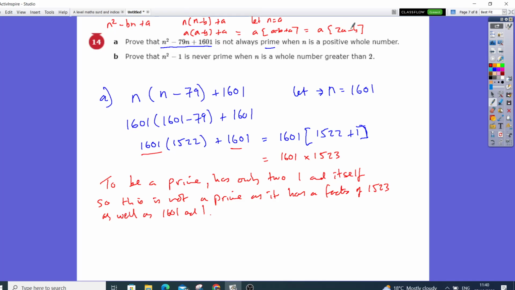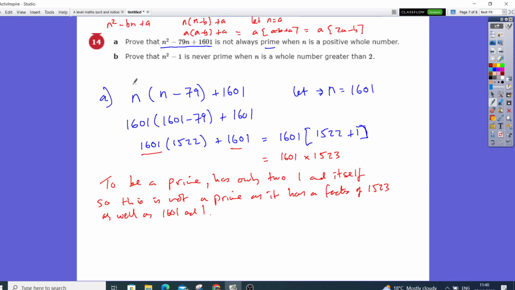So you've got another factor as well as a and 1, right? If it just had a and 1 as factors, it'd be a prime. But this has got another factor, which is 2a minus b, as well as a and 1. Okay, I don't know if that made sense. Sorry, I hope I haven't confused you guys. But you could use that as a general kind of rule.